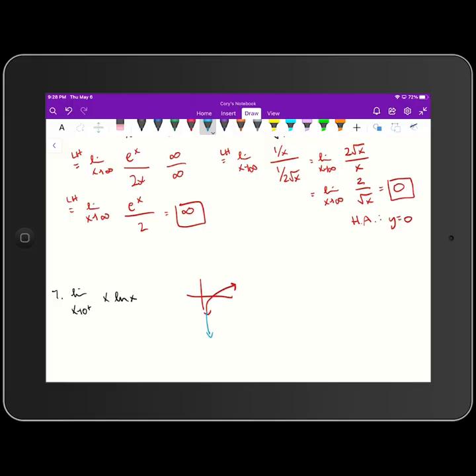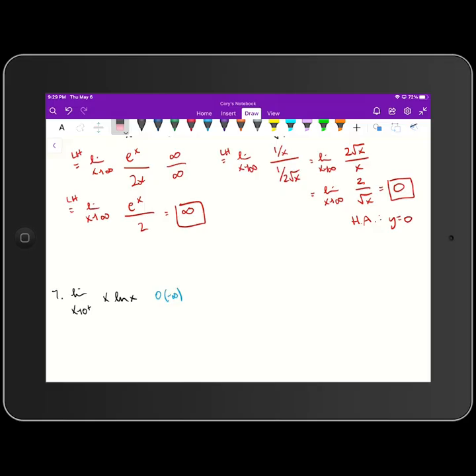So here you have something of the form 0 times negative infinity, which is an indeterminate form, but it's not an indeterminate form for which we're going to utilize L'Hopital's rule yet.